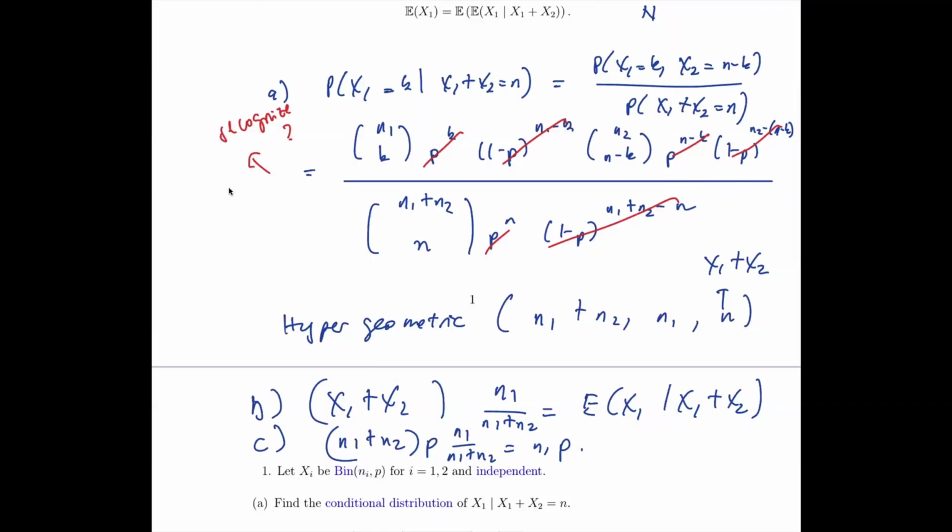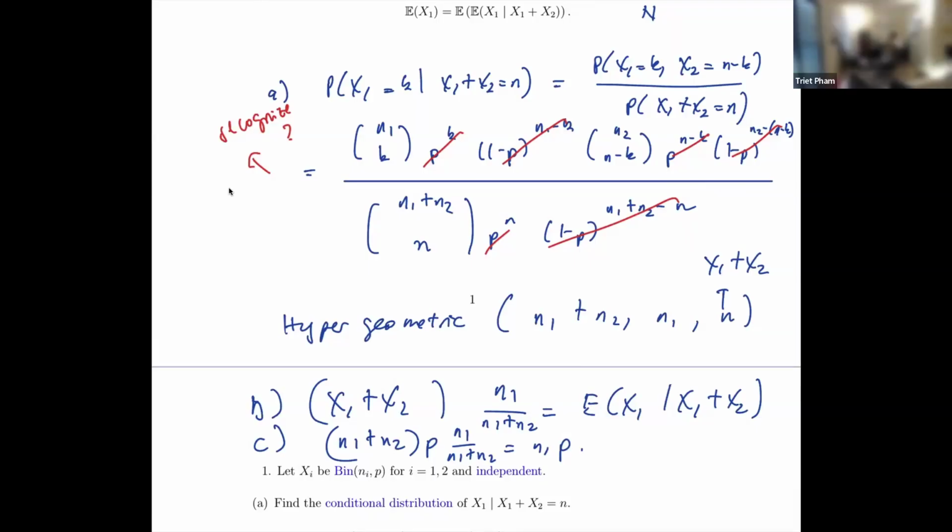Professor, how should I understand the conditional in the expectation here, given that it's just x1 plus x2 and not equal to a specific constant? Okay, good question.